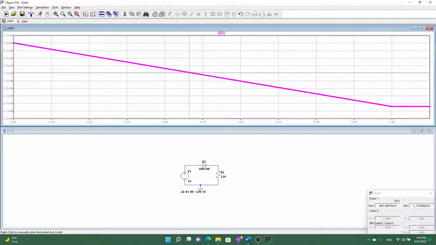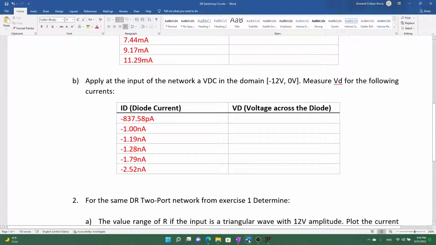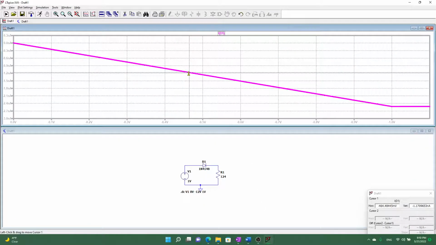And if we are to stick with the table, for minus 837.58 picoamps, you cannot catch the value here either.